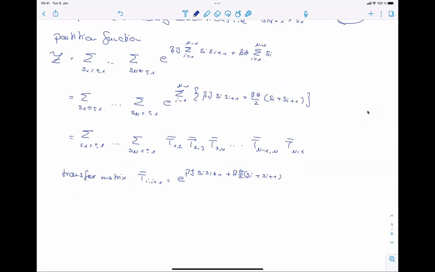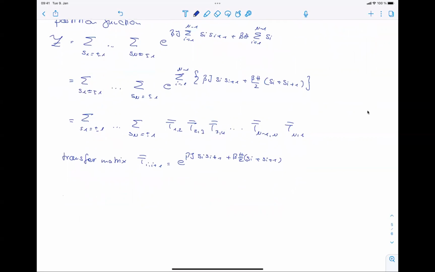And so just to visualize, this actually means that for T i plus 1, I have to consider Si being 1 and Si being -1, and I have to consider Si plus 1 being 1 and Si plus 1 being -1.